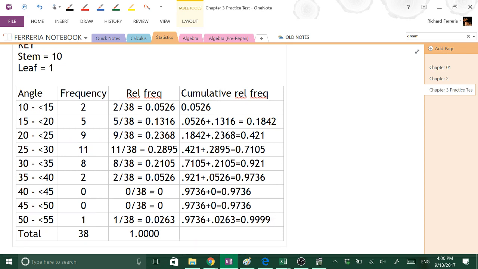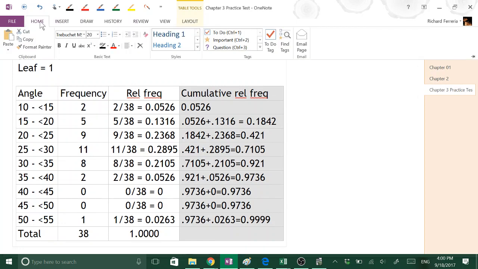But that's okay because that's just rounding error. No problem with that. And that takes care of part B.